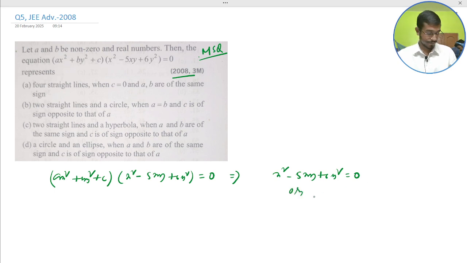That means x equal to 2y, quadratic equation solved by factoring, and x equal to 3y. This is either.